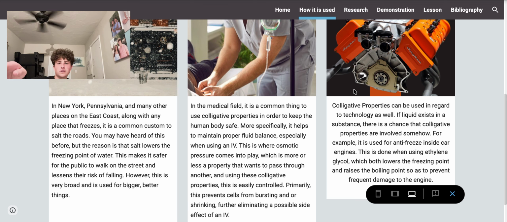Then it's used in medical, so it's used in IVs, because the point of an IV is to drop liquids into your body and your cells to take them in. So this is actually very, very dangerous because your cells can only hold so much liquid inside of them, and they have a semi-permeable membrane, which means that this liquid is going to find its way inside.